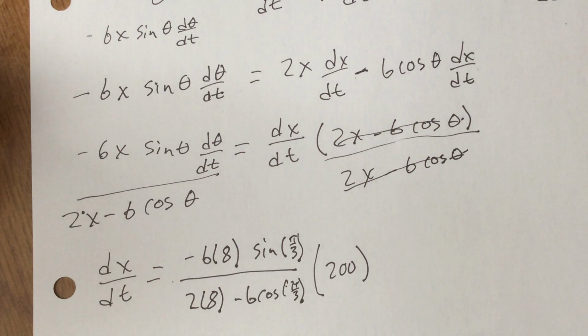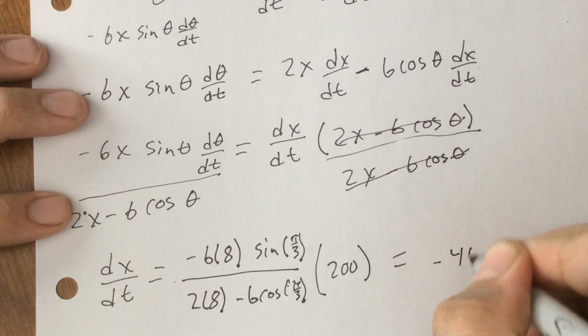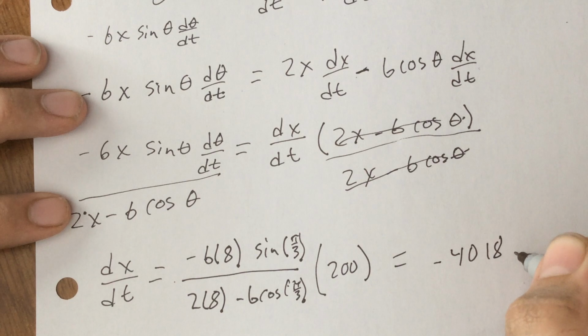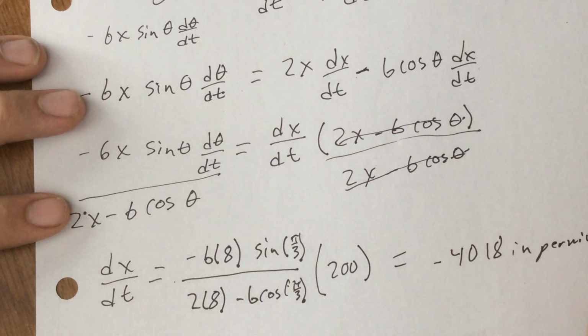So solve all that out. What you're going to end up with is negative 41.8, and this is inches per minute.